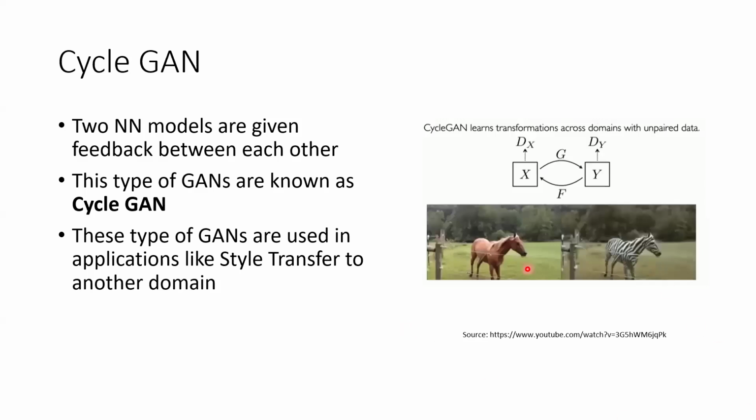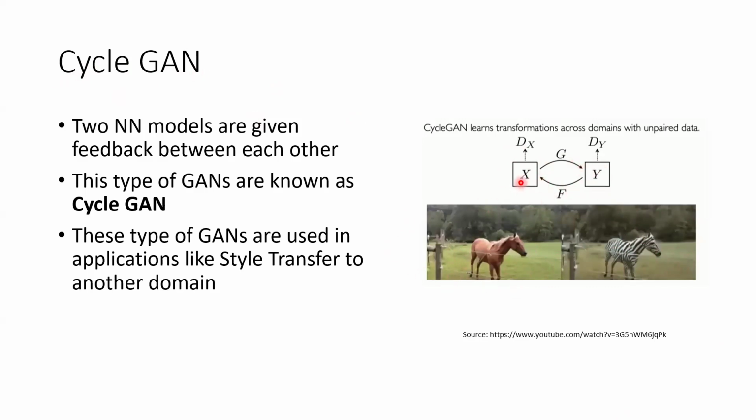So you might have seen this video on Facebook sometime back. These are two videos where you can get the recording of a horse running, and the horse running video is converted into a zebra running. This is an application of a particular type of GAN known as a cycle GAN, where two networks share feedback with each other.